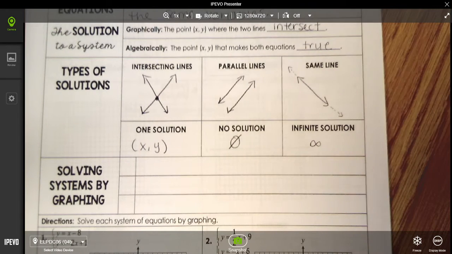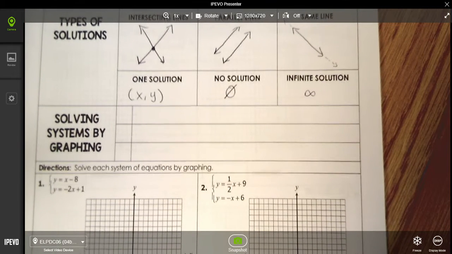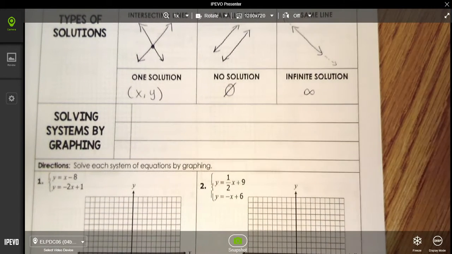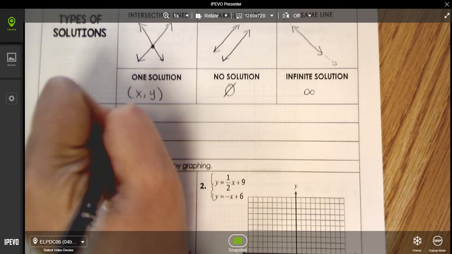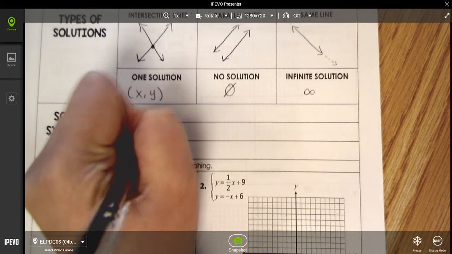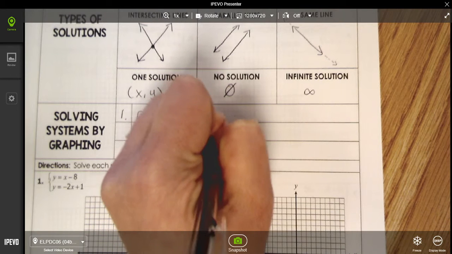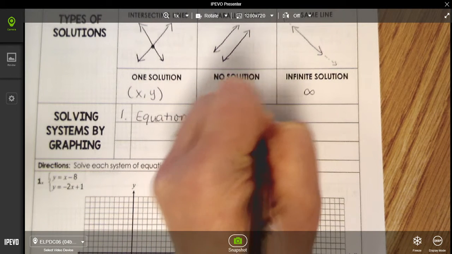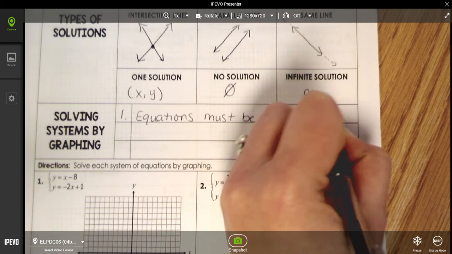So when we're talking about solving systems of equations, there's three different ways or methods that we're going to look at. The first method is solving systems by graphing. So in order to do that, we have three steps that we always want to follow. So step number one, you want to rewrite or make sure the equations are in slope-intercept form. So the equations must be in y equals mx plus b form.